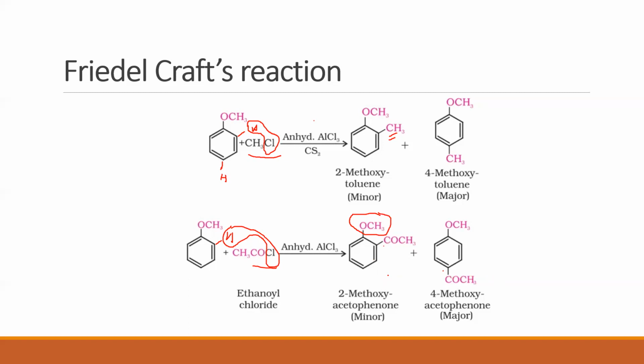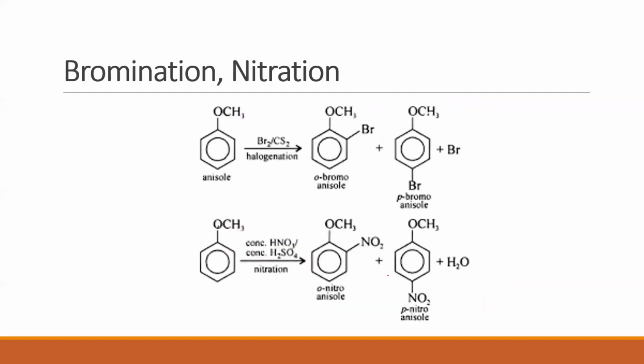Done? Wonderful. Let's look at the next reactions in electrophilic substitution: bromination and nitration. Unlike the case of phenols, here we do not have two different ways in which we can carry out bromination or nitration. Remember, in the case of phenol, we did bromination under two conditions.